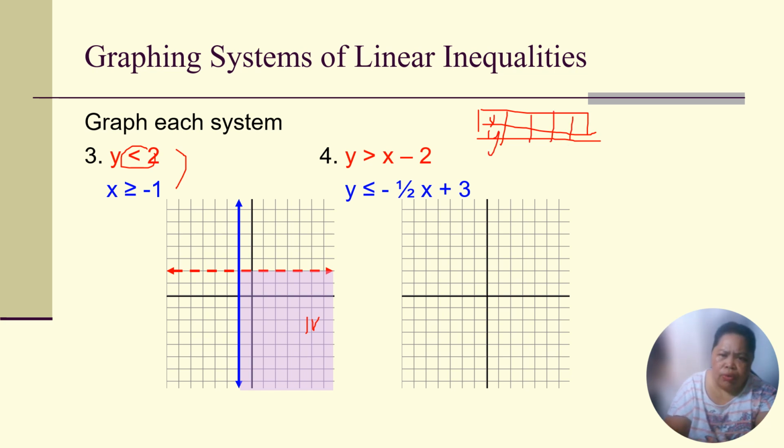Say you have values for x: 0, 1, 2, 3. All you have to do is substitute all the x with the given values. 0 minus 2 is negative 2, 1 minus 2 is negative 1, 2 minus 2 is 0, 3 minus 2 is 1.